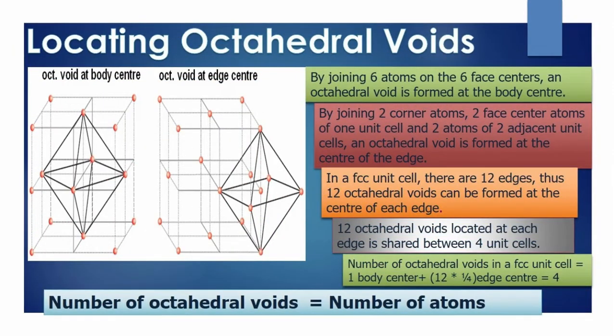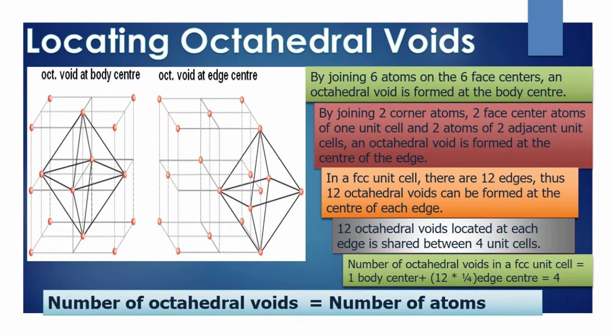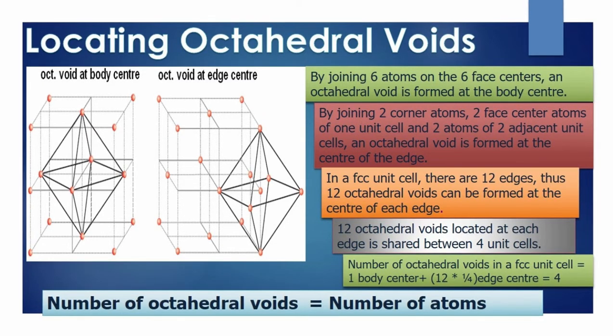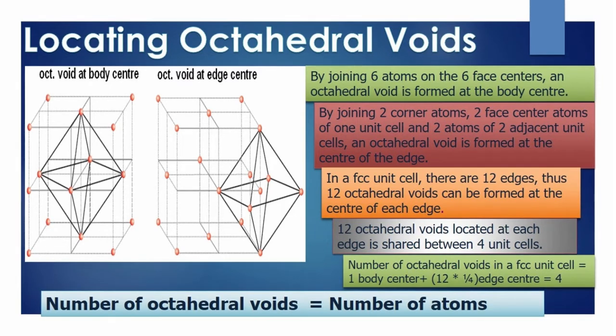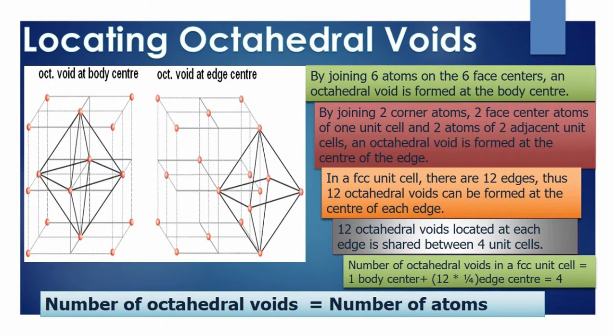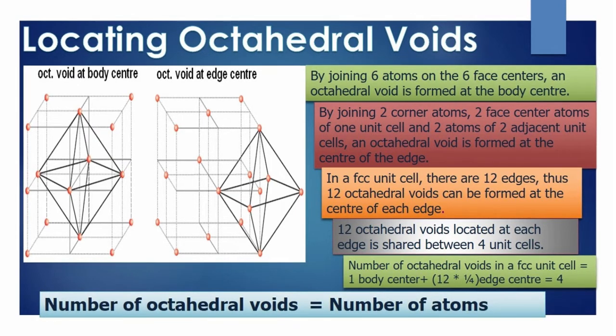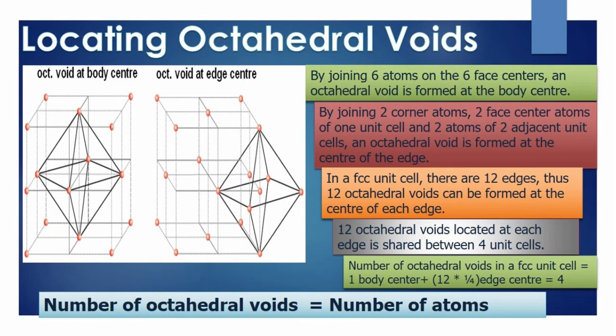Now let's check whether the number of octahedral voids generated is equal to the number of atoms present in the closed packed structure. For that, let us take the FCC unit cell. In the FCC unit cell, octahedral voids are of two types: one formed at the body center and the other formed at the edge center.